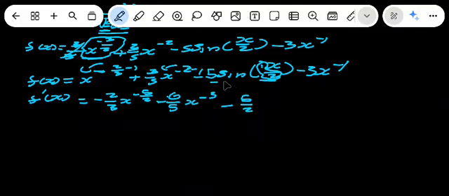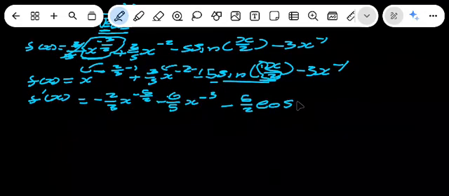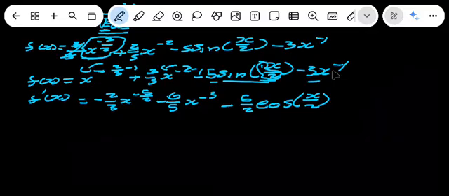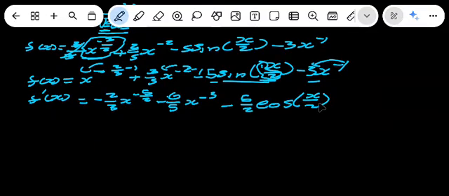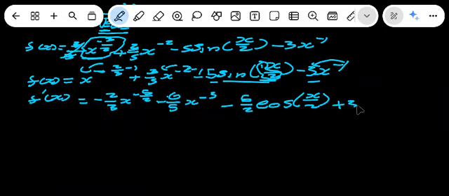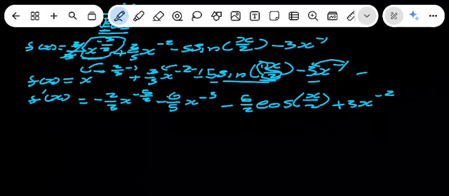Then you differentiate sine. The derivative of sine will be positive cos. You also write the angle as it is, x over 2. Then this one is basic, you multiply there, and it will be positive either way. You have plus 3x, you minus 1 on the exponent, which will be minus 2.